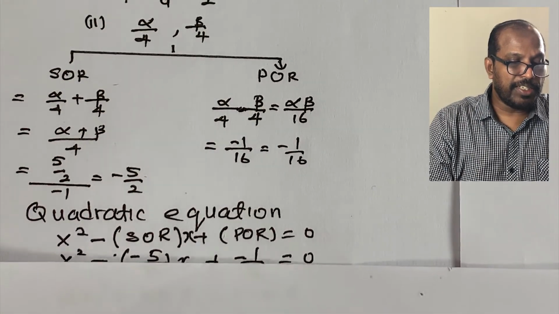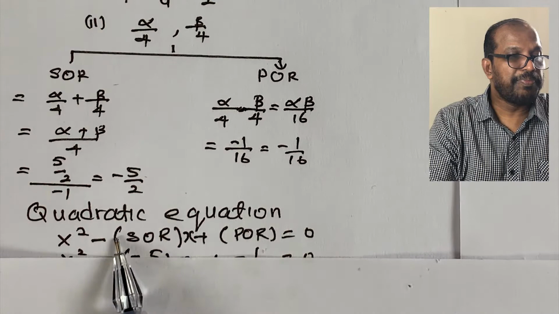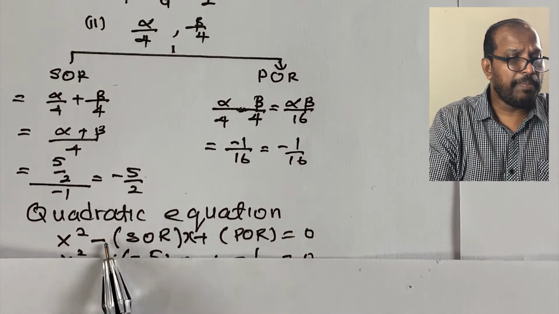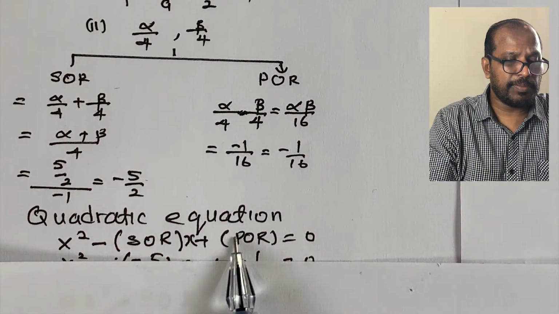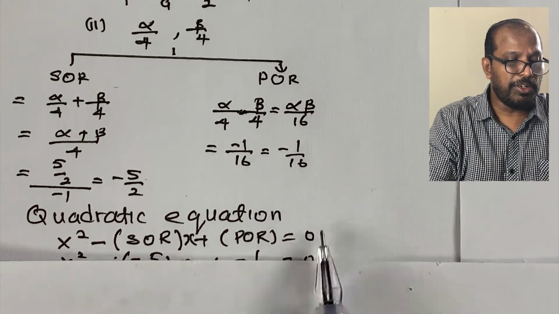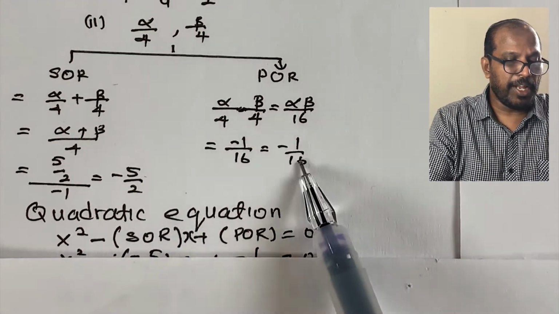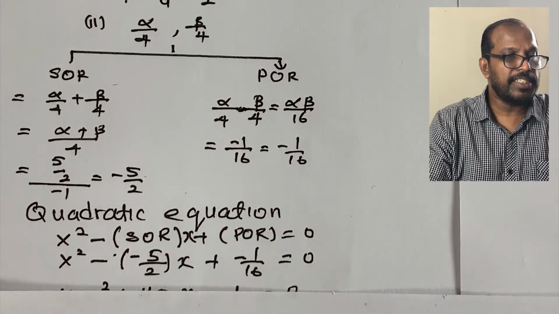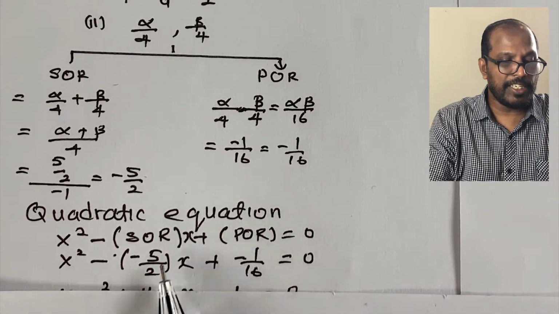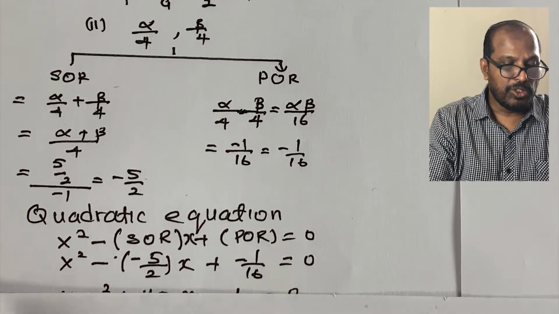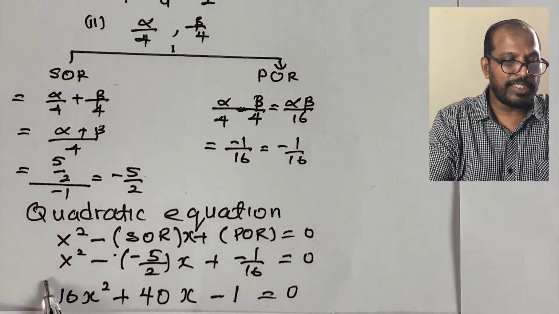The quadratic equation, this is the standard formula: x squared minus (sum of the roots) x plus product of the roots equals 0. Substitute the sum of the roots here and the product here, then you'll get this. Now if you look at this, the denominators are 2 and 16, so everything you can multiply by 16.